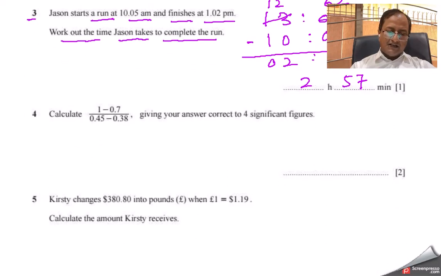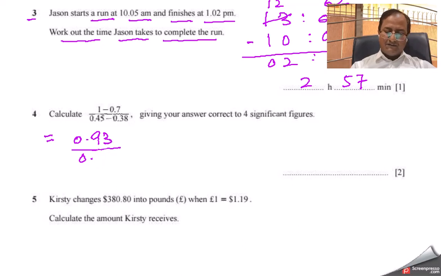Now another question we have here: 1 minus 0.7, giving your answer correct to two significant figures. If we subtract 1 minus 0.7, it gives us 0.93, and similarly when we subtract 0.38 from 0.45, it gives us 0.07.